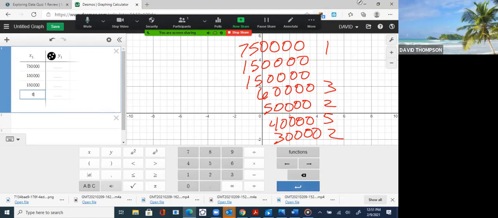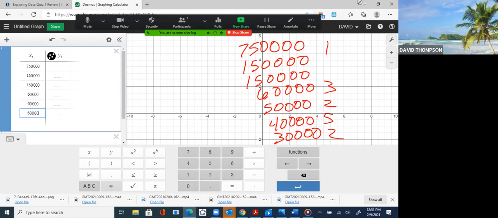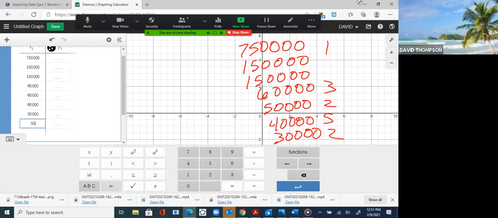Then we'll type in 60,000 3 times. Then 50,000 twice. Then 40,000 5 times.